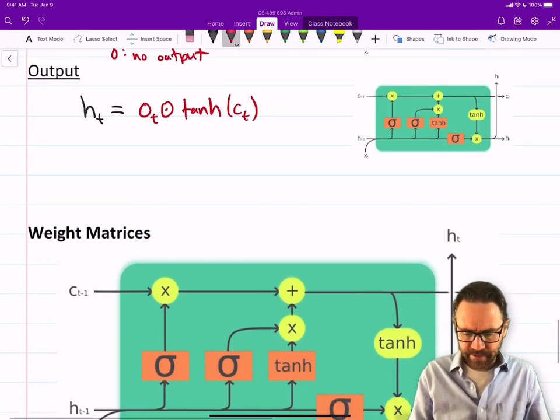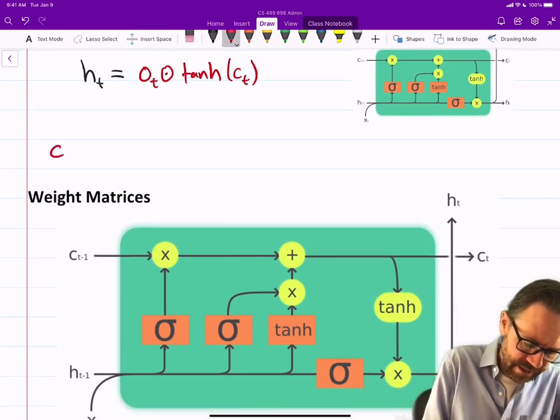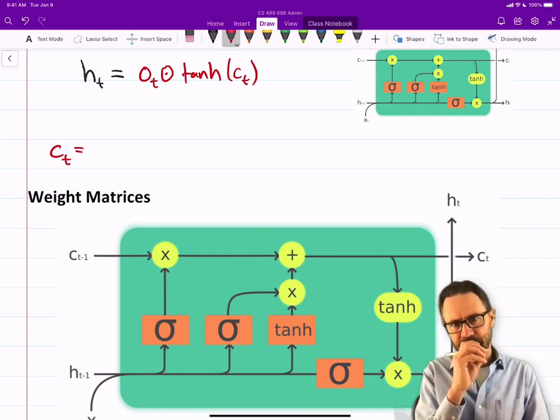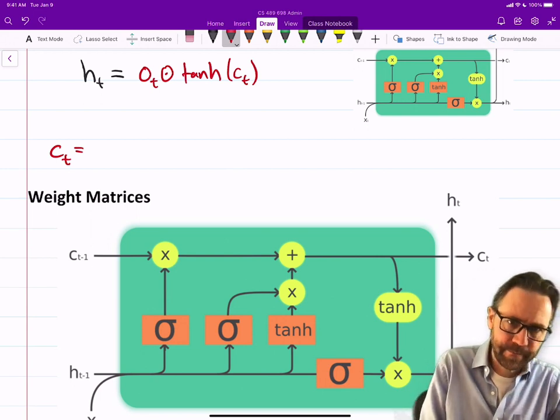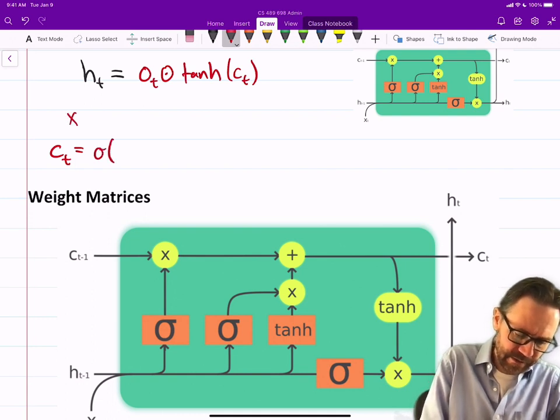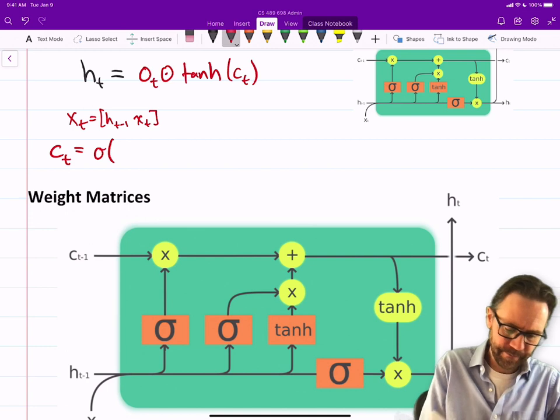So after all that, what have we got? So c_t equals, let's see, first is the forget gate. So sigma, now I'm just going to say x at time t is kind of the combined h and x, okay?